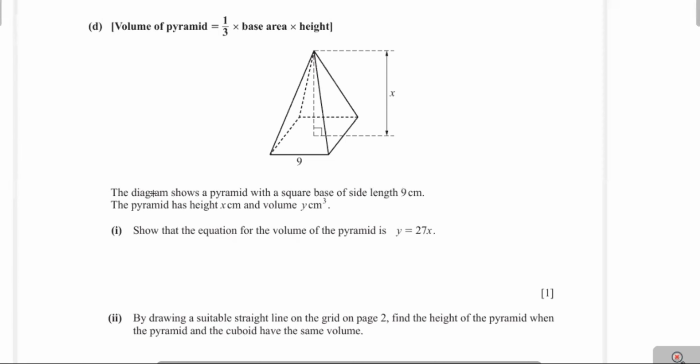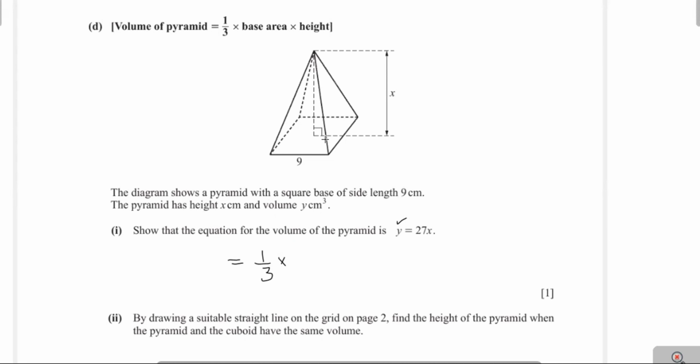Part D, the diagram shows a pyramid with a square base of side 9 centimeter. The pyramid has height x centimeter and volume y cubic centimeter. Show that the equation for the volume of the pyramid is y equal to 27x. You see here the volume of a pyramid is 1/3 into base area.